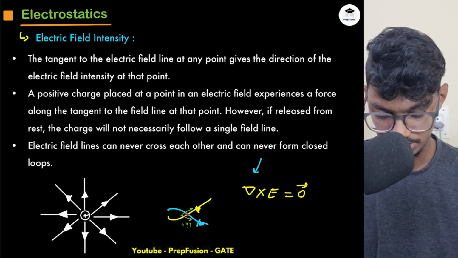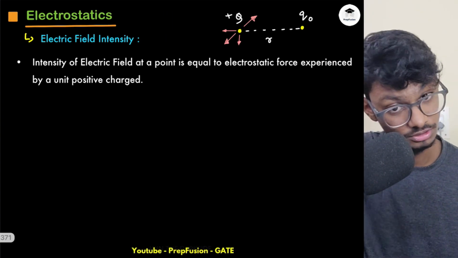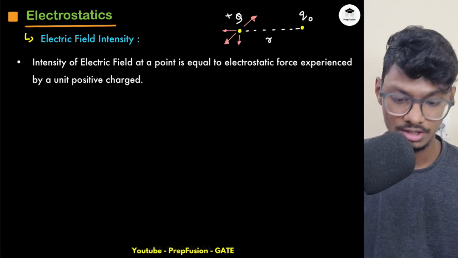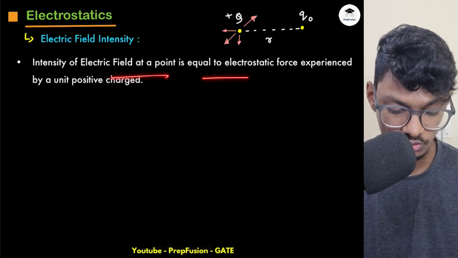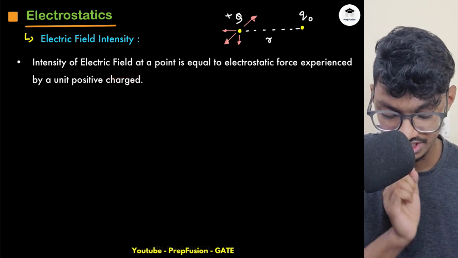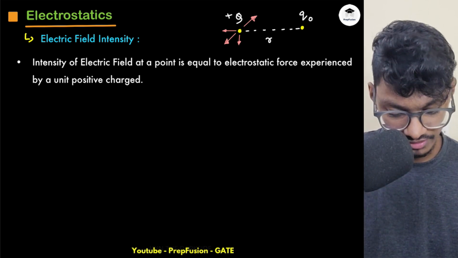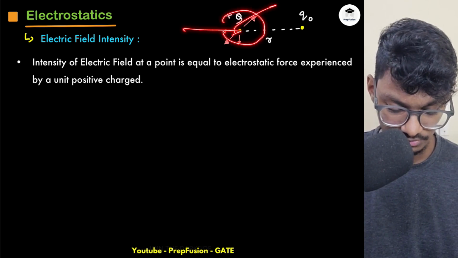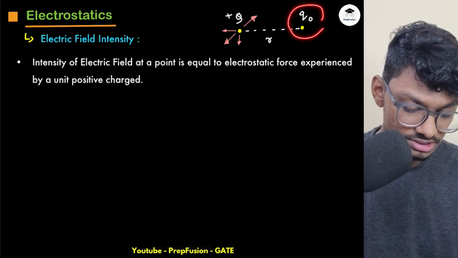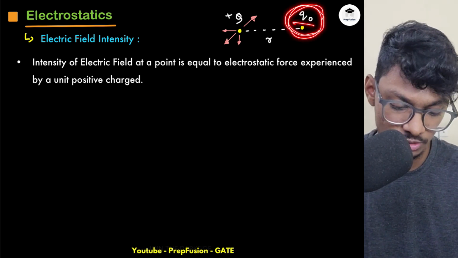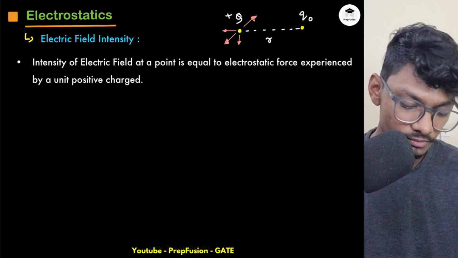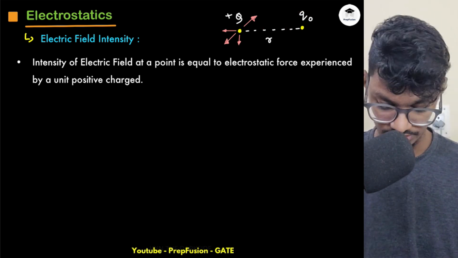Now let's move on to the next discussion about electric field intensity. Intensity of electric field at a point is equal to the electrostatic force experienced by a unit positive charge. So if I have this electric field with lines going out, and this q naught is a unit positive charge, how much force does it experience?